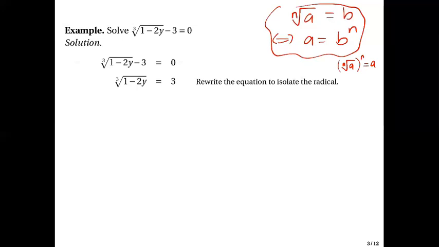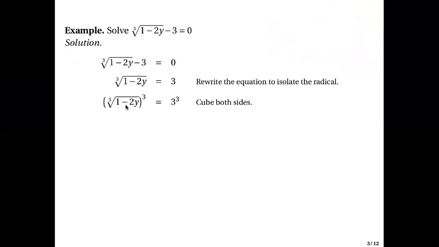That's one of the properties that we have. So from there, with the cube root, we are going to raise this to power 3. That gives 1 minus 2y equals 3 to the power 3. So we cube both sides.